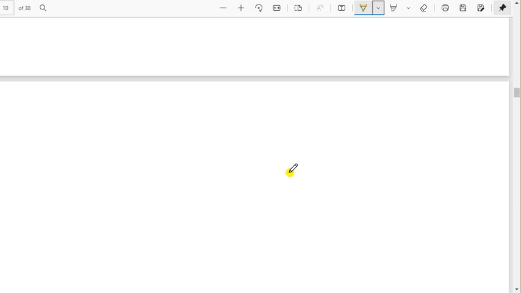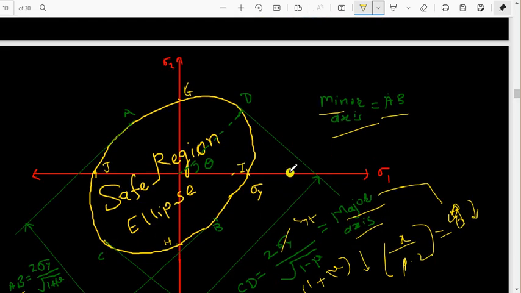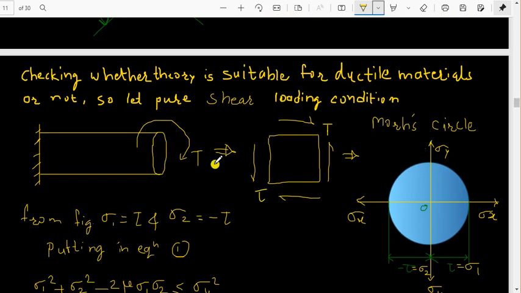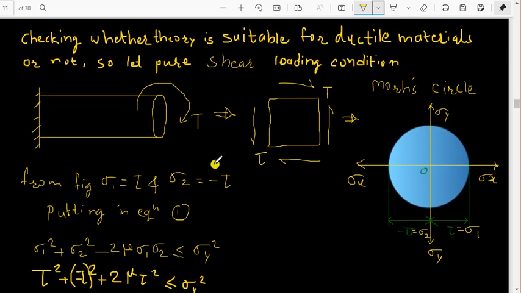Now here you can see this region inside the ellipse is the safe region by this theory. Now checking whether this theory is suitable for ductile materials or not. Let us consider a pure shear loading condition, that is pure torsion.